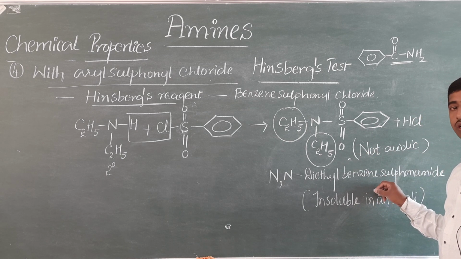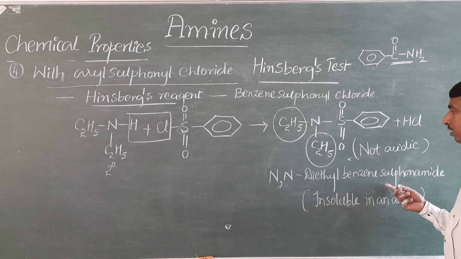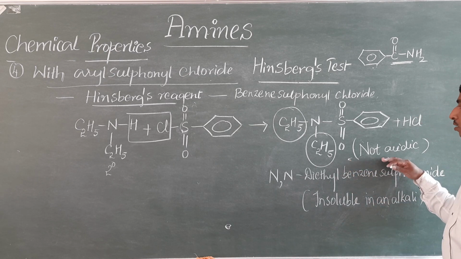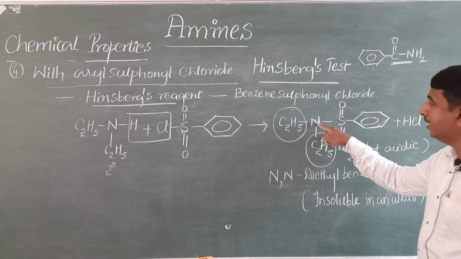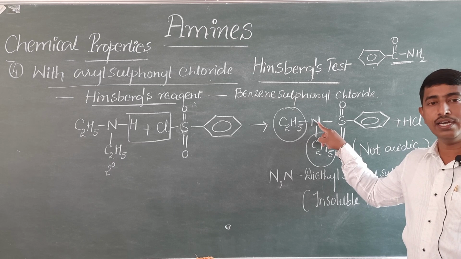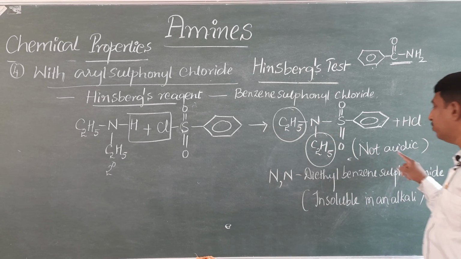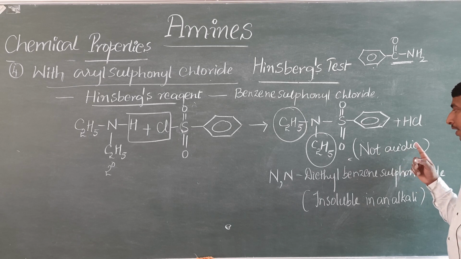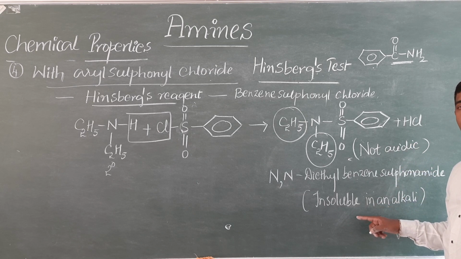Solubility can be seen only if it is acidic, correct? Soluble means the compound has to be acidic. So this compound is not acidic because it does not contain any hydrogen upon nitrogen. So since the compound is not acidic, it cannot dissolve on adding a base.